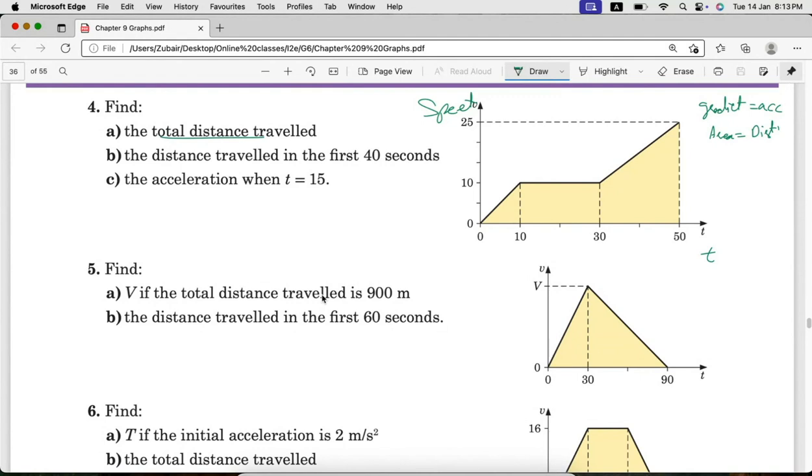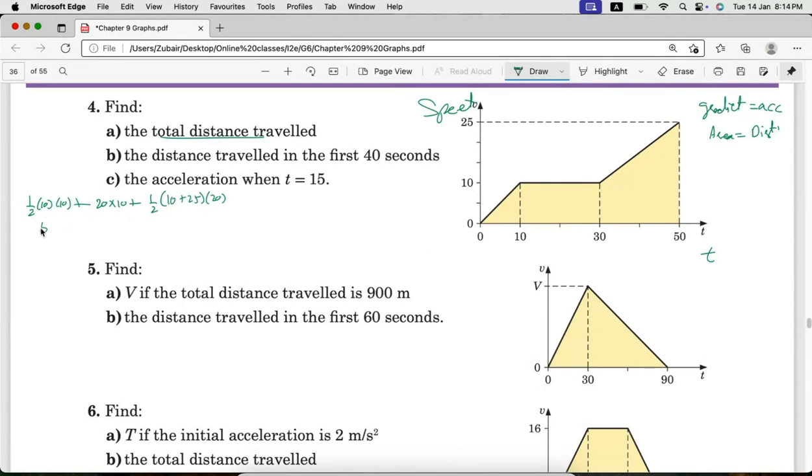So the distance traveled, the total distance will be 500. You're getting 500? I think, sir, I got 600. Let me quickly try that. The area of the first section is a triangle, 1 by 2 into base into height. The area of the second section is a rectangle, 20 times 10. The area of the third section is a trapezium, 1 by 2 sum of parallel sides into height.